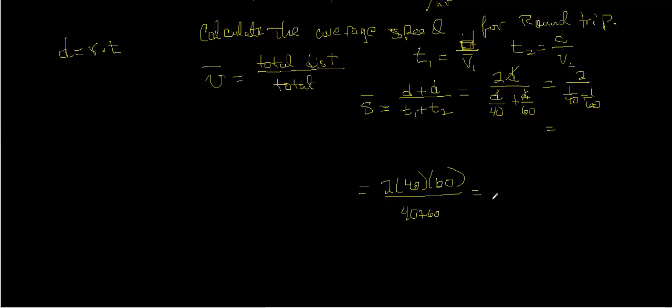Make sure we don't make mistakes here. And then when you multiply all this out, it ends up to be 4,800 divided by 100, which comes out to be approximately 48 kilometers per hour.